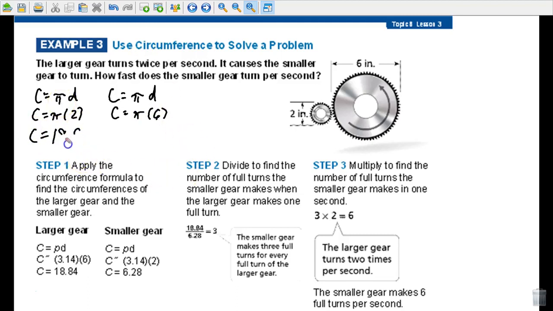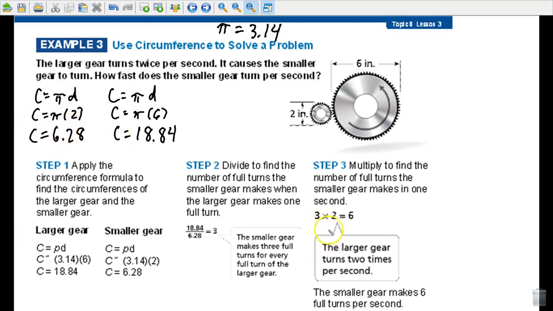That's the smaller one. You get 6.28, and then C equals 18.84. Larger gear, 6 is the diameter, so I plug 6 in, and I multiply it by pi, which is 3.14. So on a calculator, 3.14 times 6, I get this. 3.14 times 2, I get this.